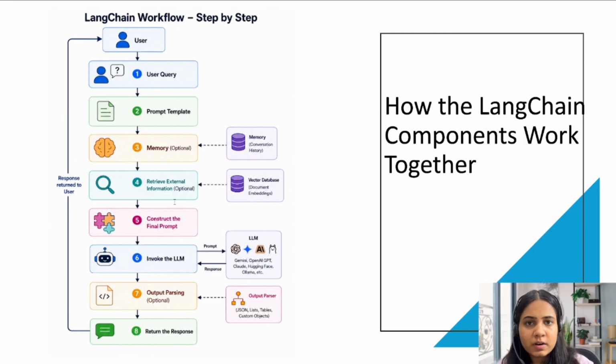If the user asks a question that requires an external knowledge base, then LangChain will retrieve that information from the vector database. The retriever searches a vector database which contains tons of documents, and their embeddings are done, so it will fetch the most similar document or chunk from the vector DB.